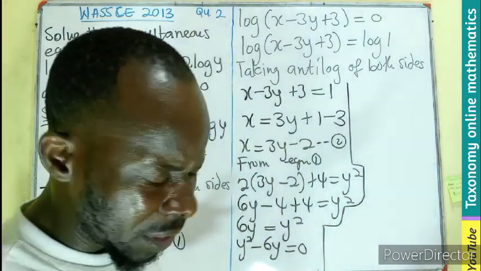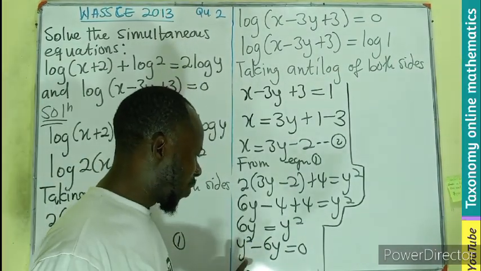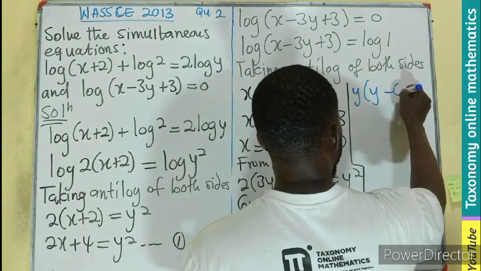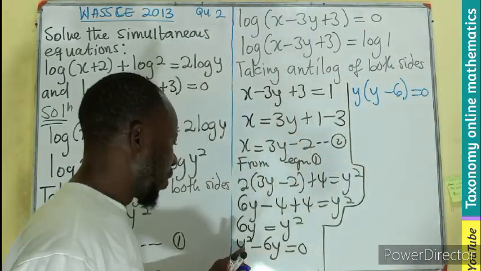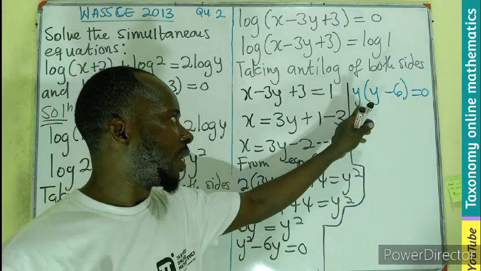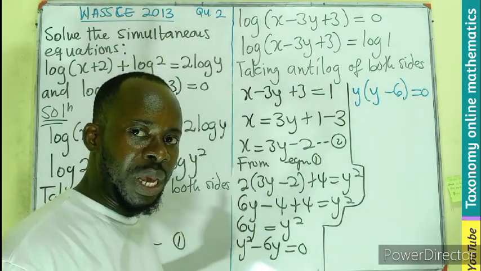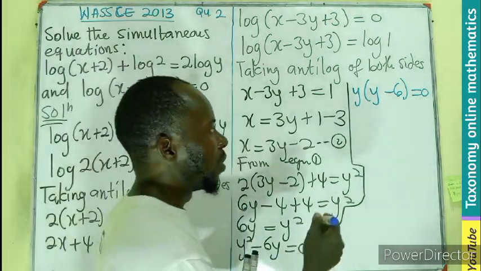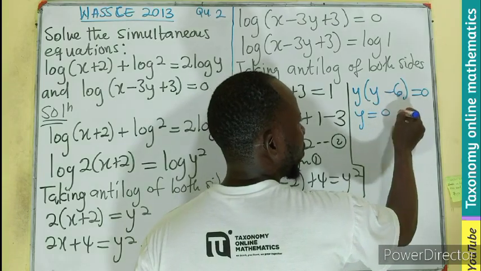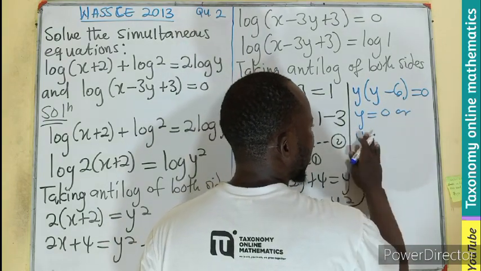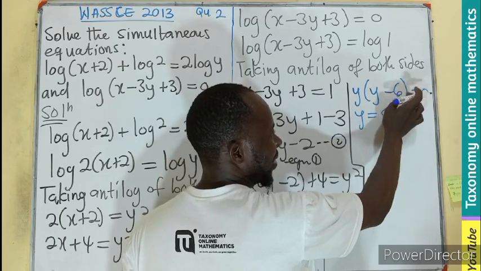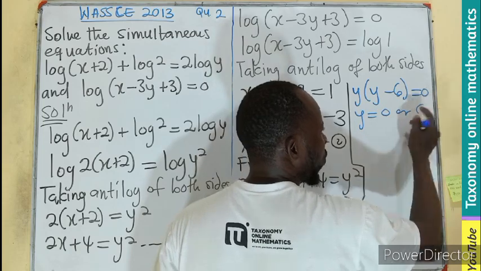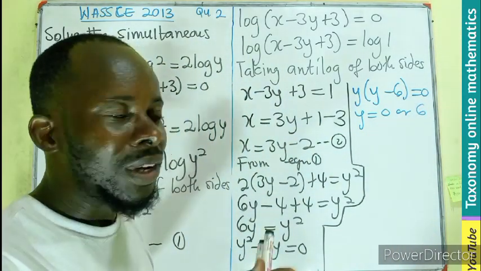I can factorize y out, meaning y into bracket y minus 6 equals 0. When we factorize this, y is common. If you pick it out, divide the y squared to give you y, divide the 6y, it will give you 6. So this simply means that y is either equal to 0 or y minus 6 is also equal to 0. So when you send the 6 away, it becomes positive. So y is either 0 or 6.